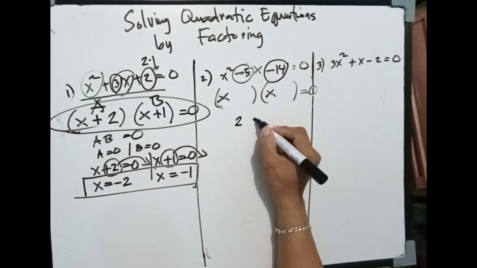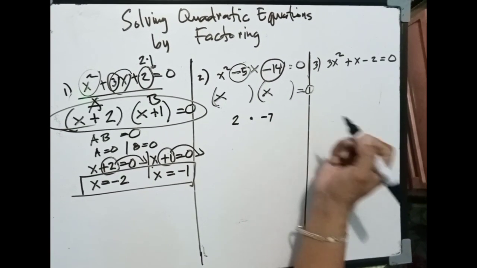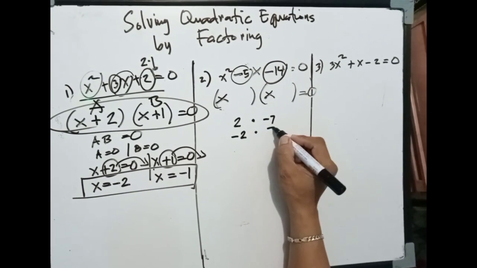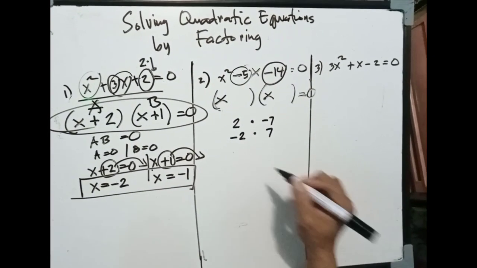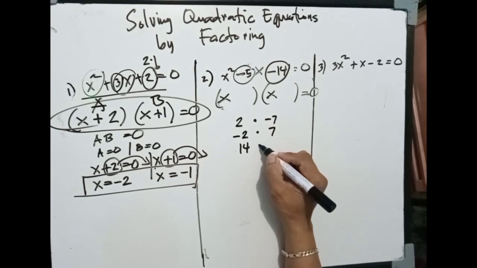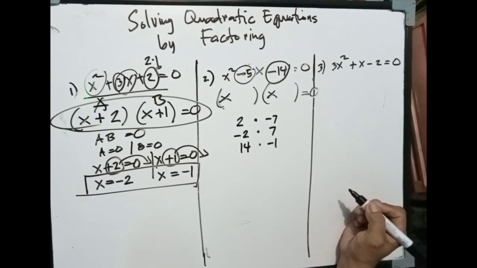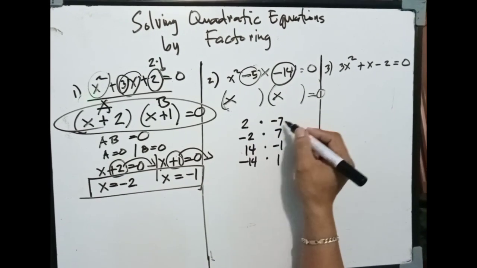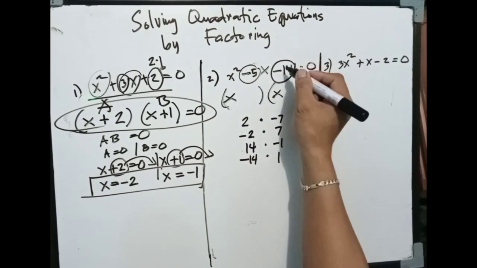Positive 2 and negative 7. Negative 2 and positive 7. 14 times negative 1. Negative 14 times 1. Lahat sila, ang product is negative 14.